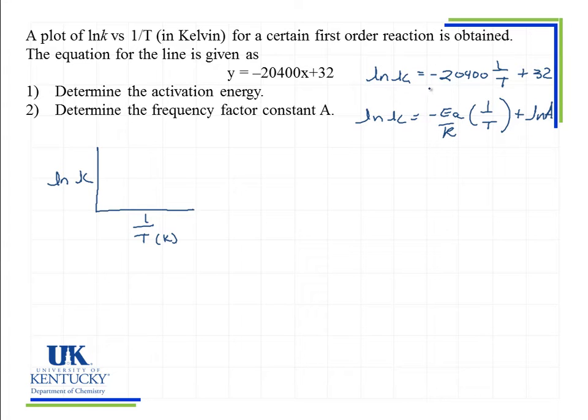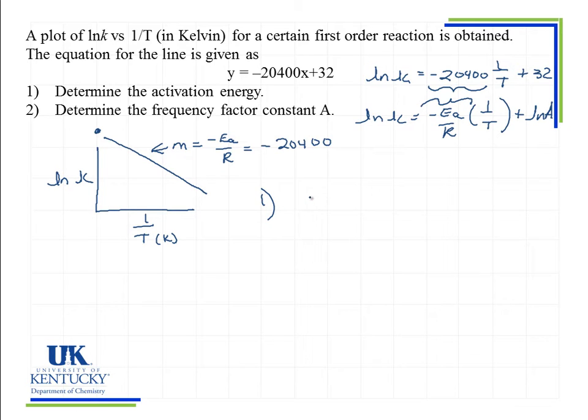So when we line this up, we see that this is the slope, and the slope equals negative E sub A over R. So if it's going to have a straight line, it's going to have a negative slope, and the value of that slope, which is the same as negative E sub A over R, is equal to negative 20400. The y-intercept up here, which is equal to the natural log of the frequency factor, is equal to 32. So we're going to use that information to answer these two parts.